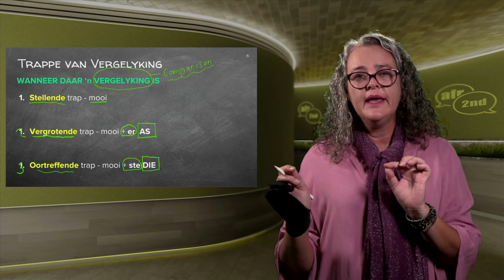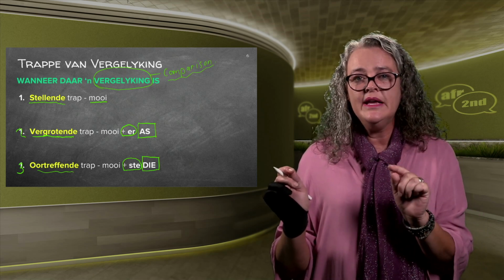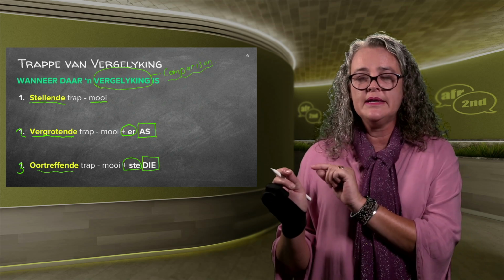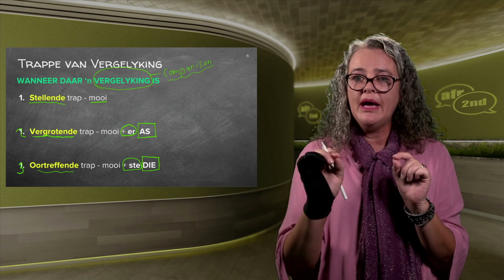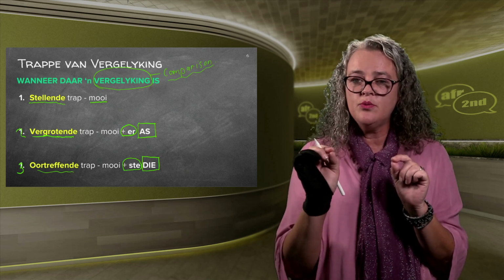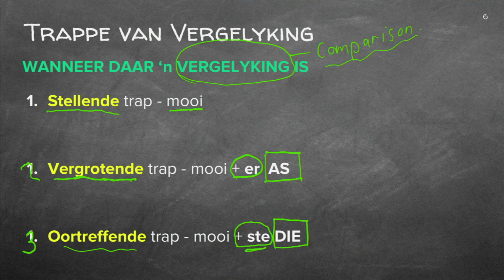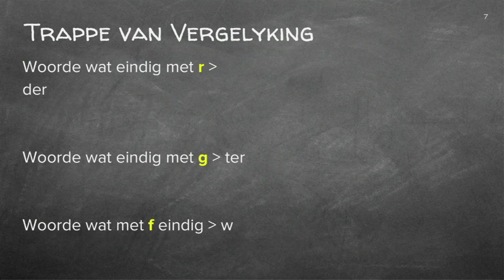But if we say, sy is die mooiste meisie, can you see? The die refers to the mooi. And that is when we are going to use the third step. Reg. Kom ons kyk na uitsonderings.